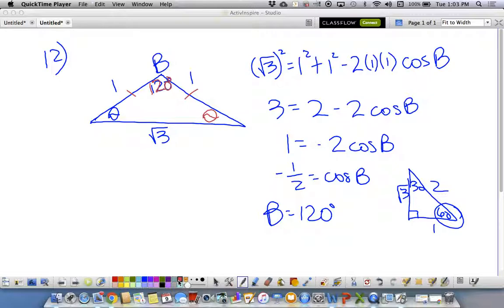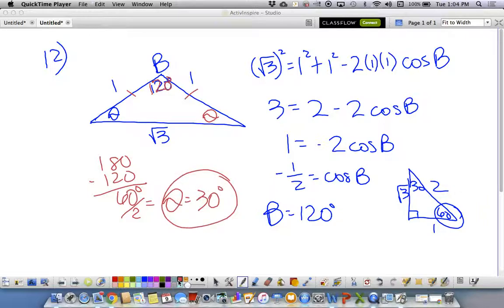Or you can use logic: it's an isosceles triangle, so it's 180 minus 120, divided by 2. We divide by 2, 30. Theta is 30 degrees.